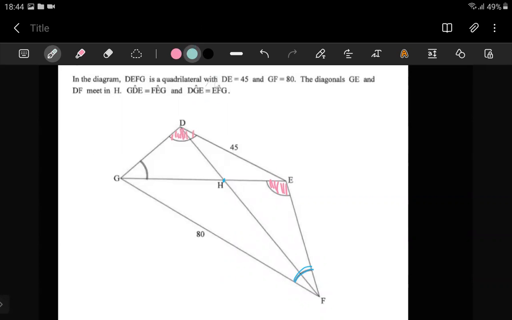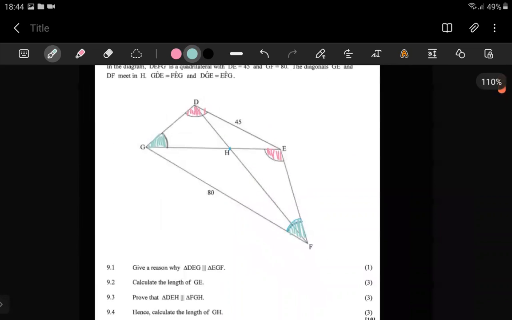And then in blue, they said here DGE, which is this angle here, is equal to EFG up there. So this is like over there. Perfect. Now, with this being said, let's see what these questions are.